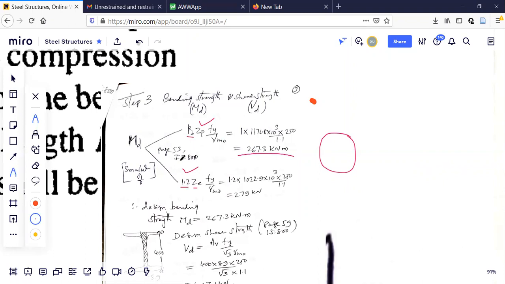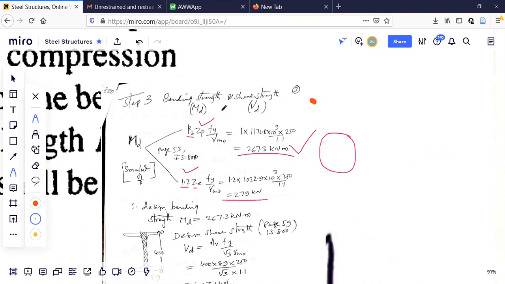Okay, two formulas are there. Instead of beta b, 1.2 is written. In place of Zp, the elastic section modulus is written. Substitute, and whichever is smaller, you finalize it. See, this is the value, 267.3, the moment carrying capacity. This much moment it can carry, because this is the moment of resistance.